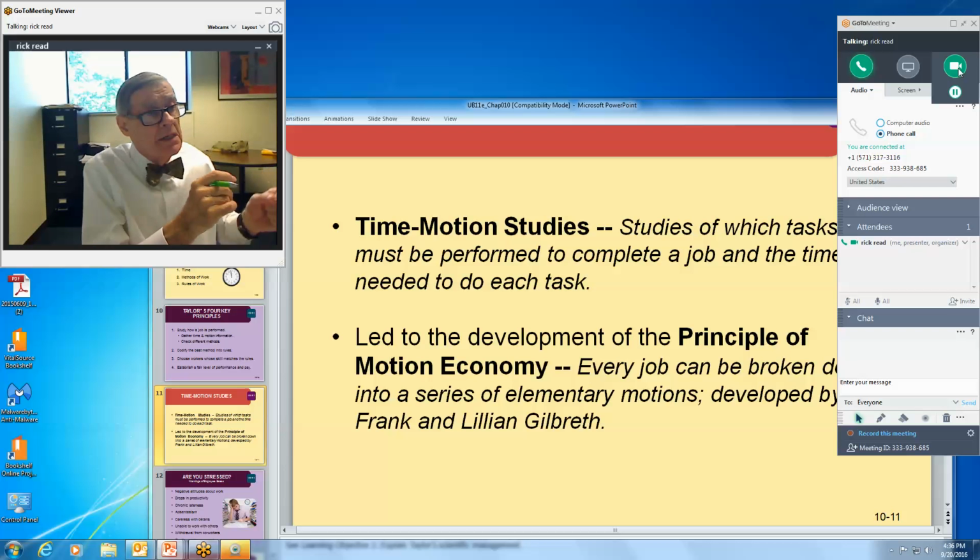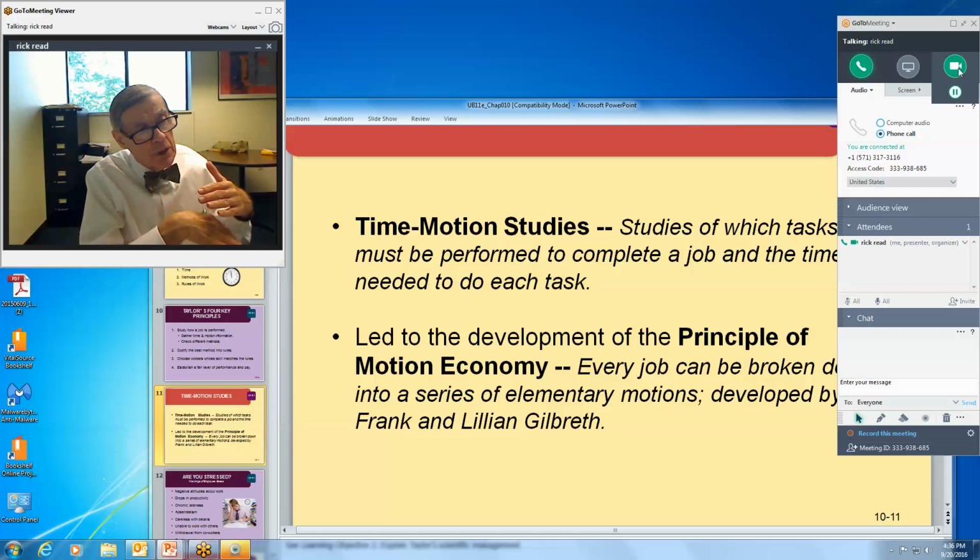Now, when I say least amount of effort, that does not mean effort is not good. It just says you don't want to do more than what's required in effort and motion and time to do the job. So that's what Taylor was actually really saying. That was the essence of it.